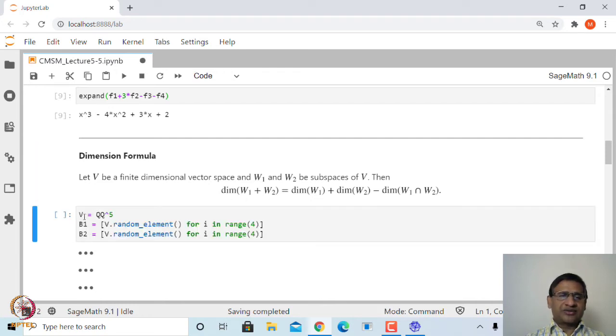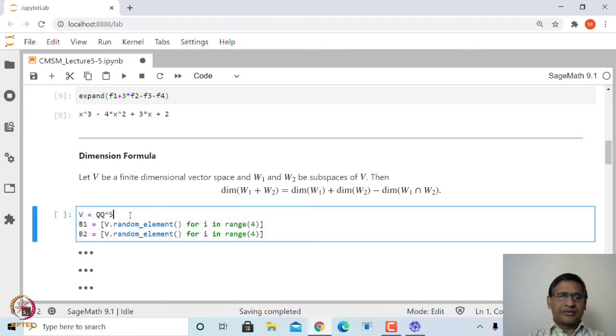Okay. So, let us start with V to be q to the power 5, and let us take two sets B1 and B2 having 4 elements, 4 random elements in this.